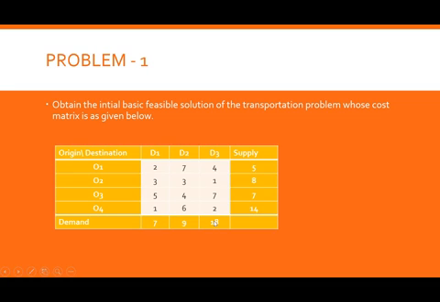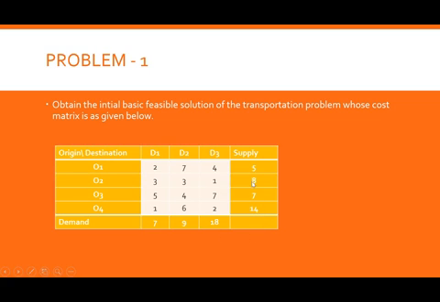If the sum of all the demands is equal to sum of all the supplies, then the problem is said to be balanced. See, 7 plus 9, 16. 16 plus 18, 34. Now add the supplies. 5 plus 8, 13. 13 plus 7, 20. 20 plus 14, 34.